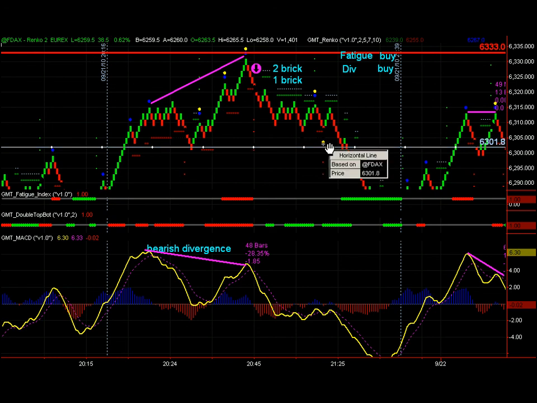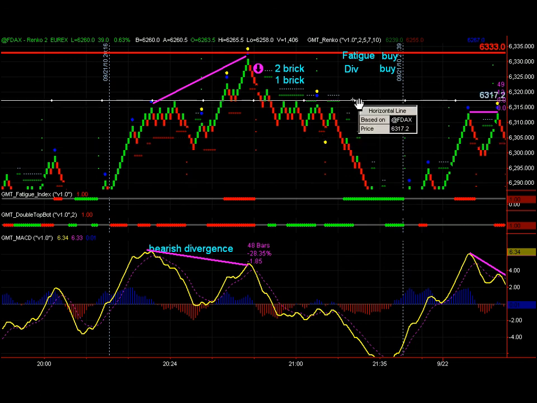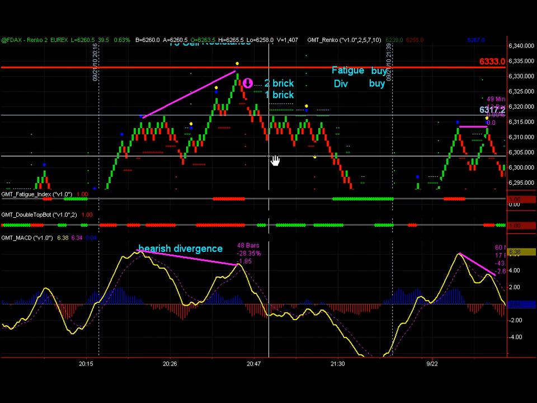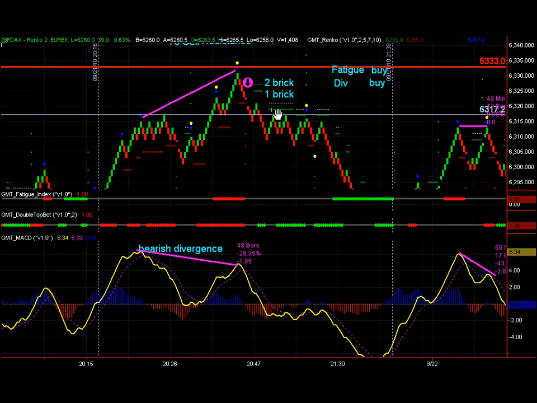You see divergence is setting up here, and we get a push up, but it doesn't trigger us into the buy. So there's the buy set up there at 17, and it doesn't quite get hit, so no trade there. So neither of those two things happened, so we're still in a T3. So we basically are in a T3.